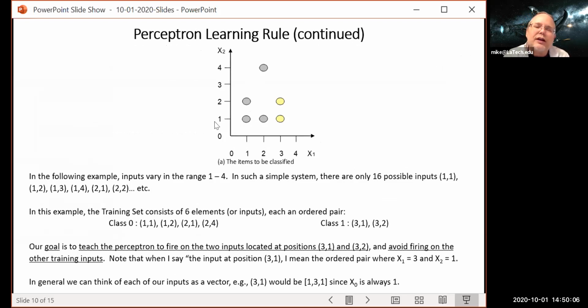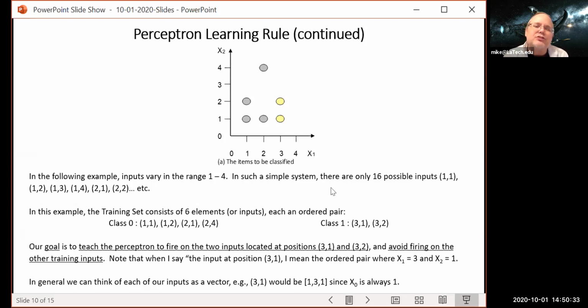So x1 is 1, x2 is 1, or 2, 1, x1 is 2, x2 is 1, 3, 1, there could be something at 4, 1, there could be something at 1, 2, there could be something at 2, 2, there could be something at 3, 2, at 4, 2, etc. There are 16 positions in this little world. So this is a very, very, very simplified problem, right?